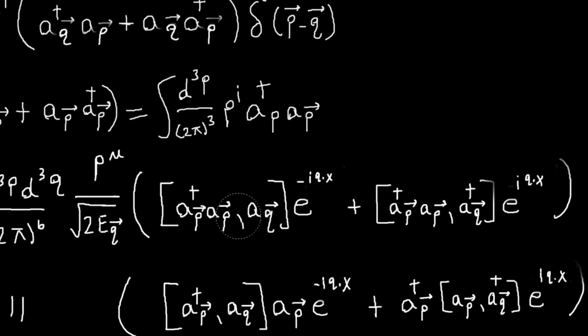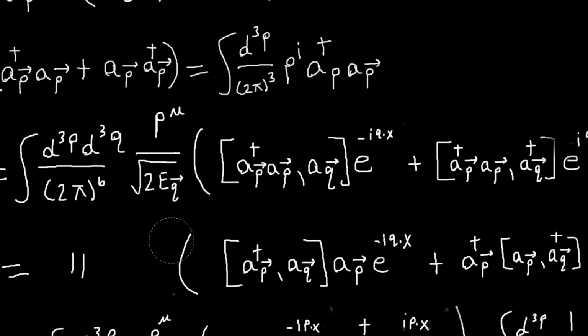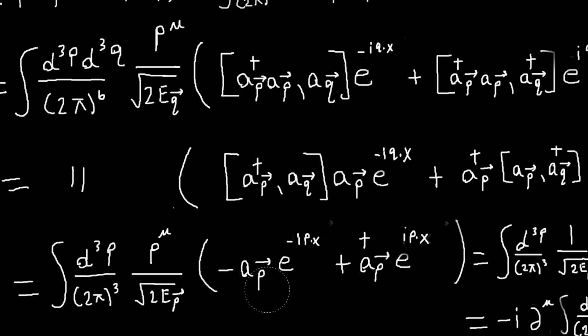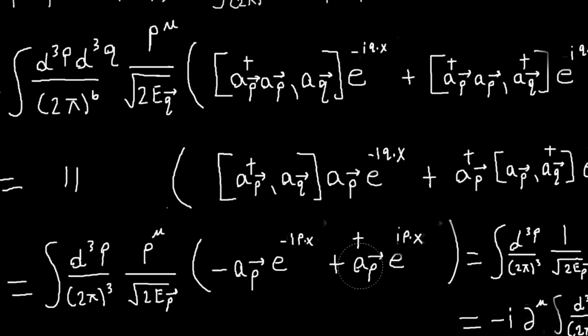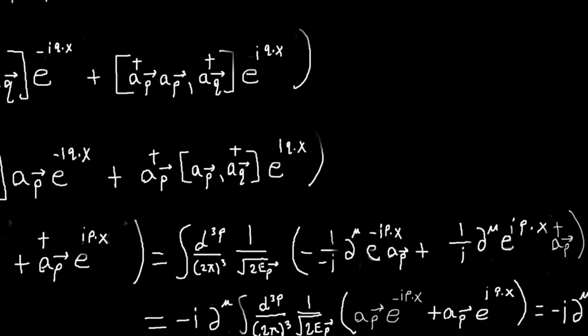Then use my rules for three things in a commutator, and I get this, and then you can just use our basic commutation relations. So we get delta functions, that enables us to do one of these integrals, and we get this, and then it's just a matter of identifying.